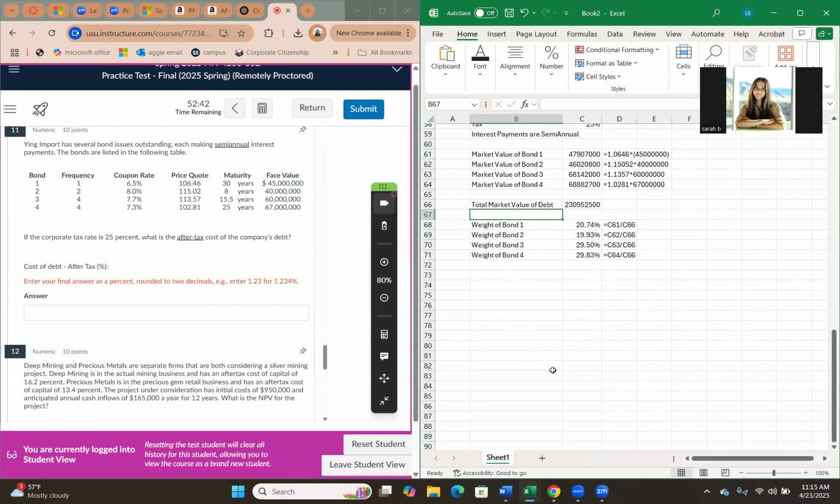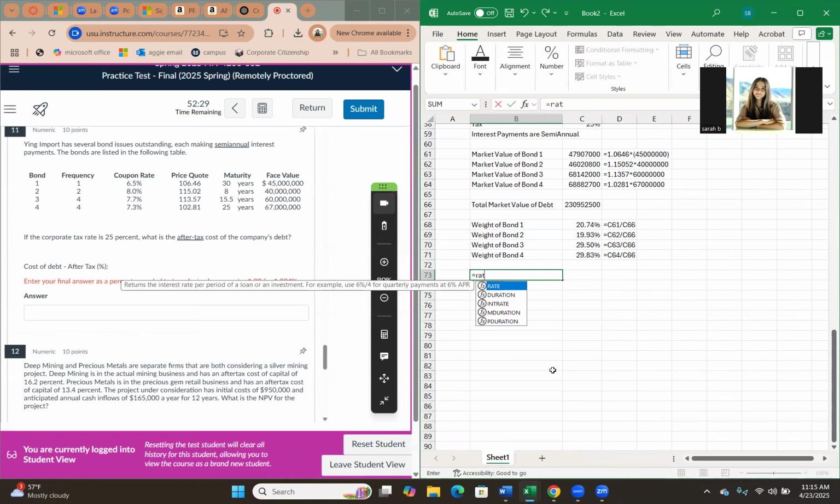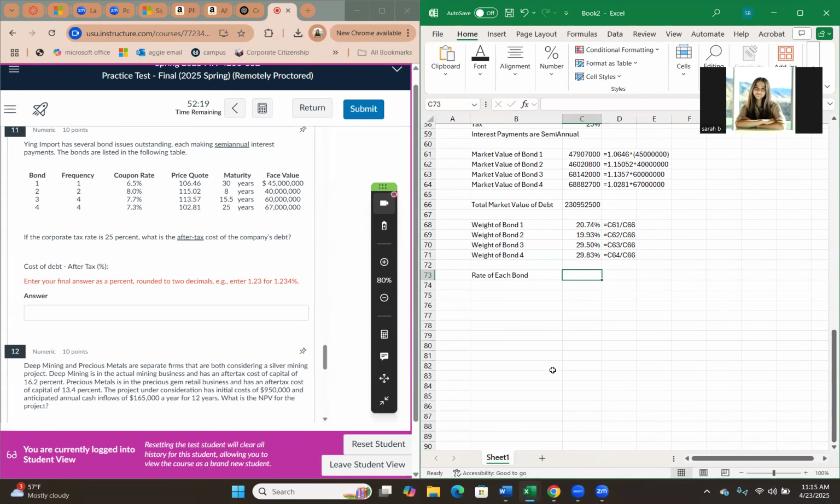Oh, we need to find the yield to maturity for each bond. So now we're gonna do the rate. So let's say yield to maturity or rate of each bond. No, sorry, rate of bond 1.